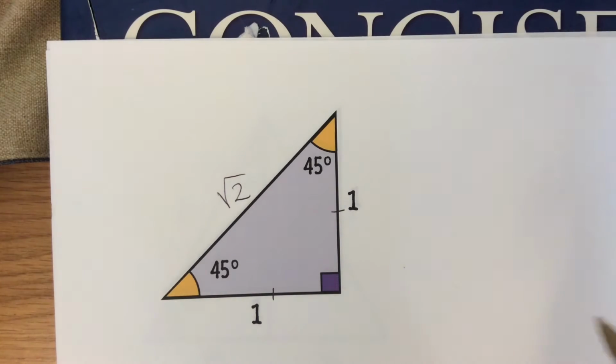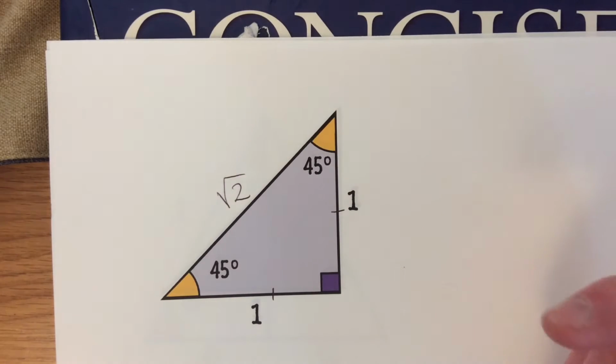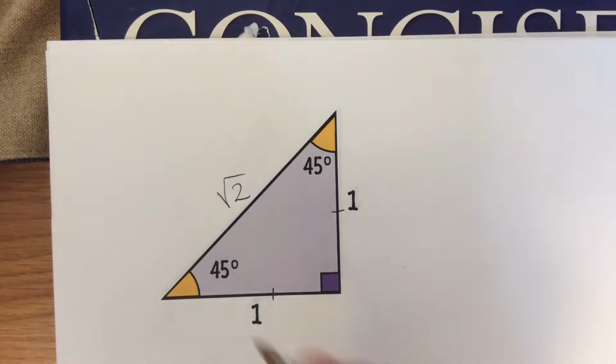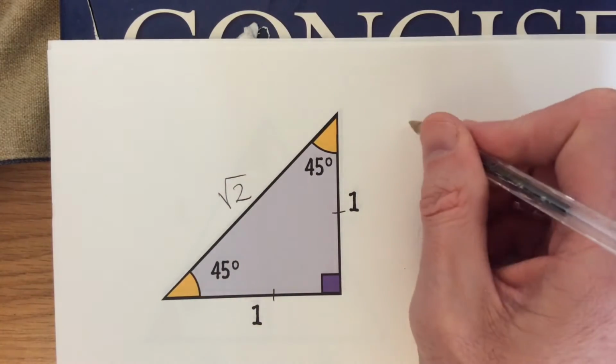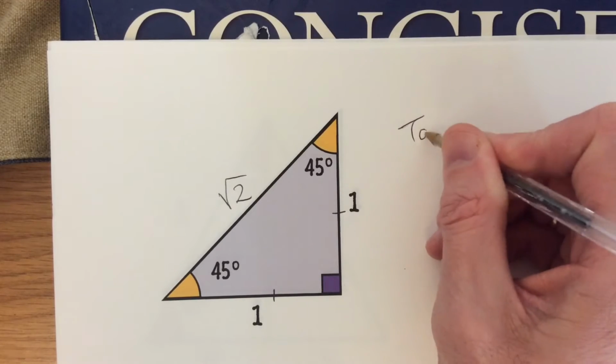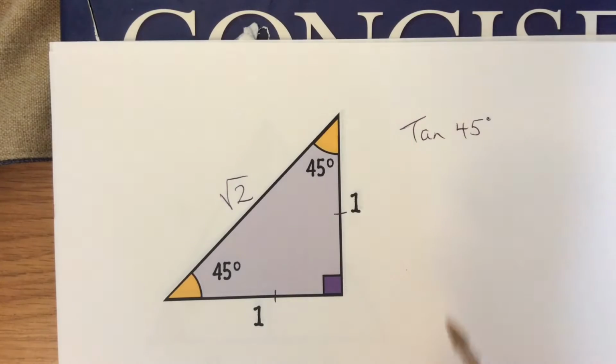Now I've got my lengths, and I know they're correct. I can start to work out my sine, cosine and tan values for 45 degrees. First of all, tan 45 degrees, which we've mentioned already in lessons.